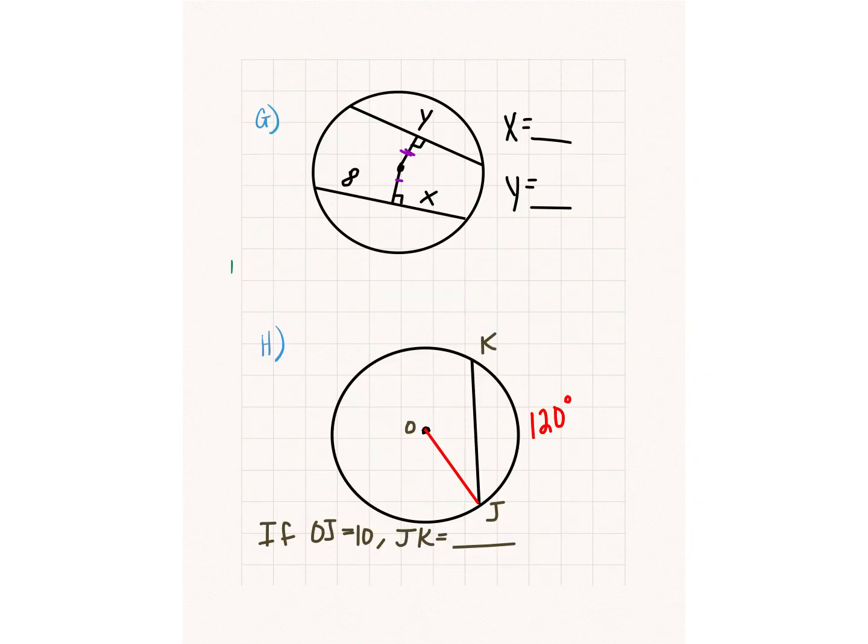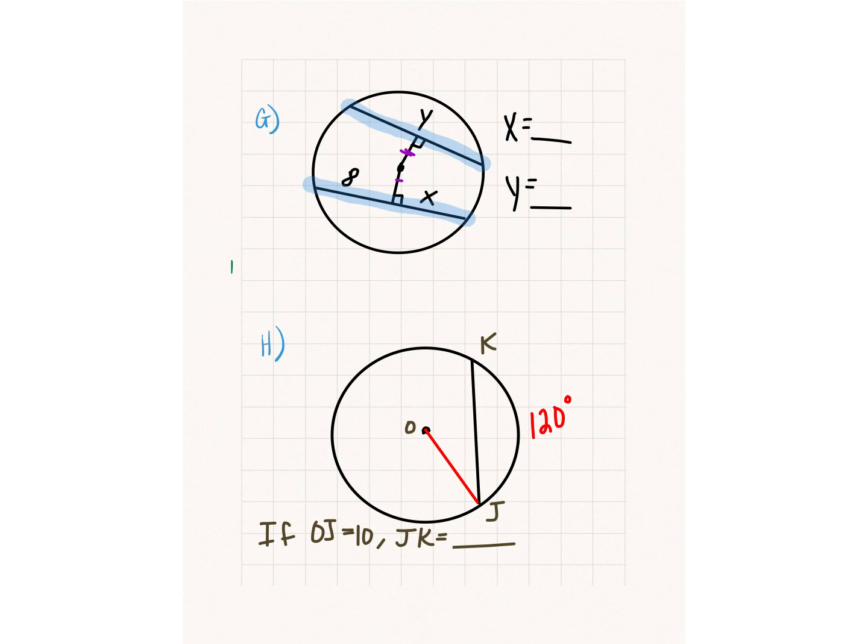Here's a couple more problems that show that, that we can use. What I'm told in problem G is that this chord Y is the same distance from the center as this chord with the 8 and the X. So they're the same distance from the center, so then I know that they are equal.